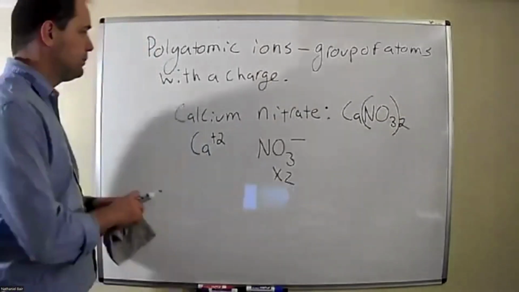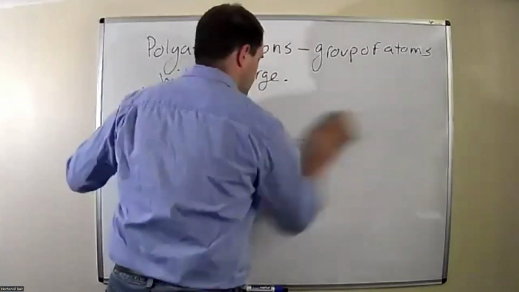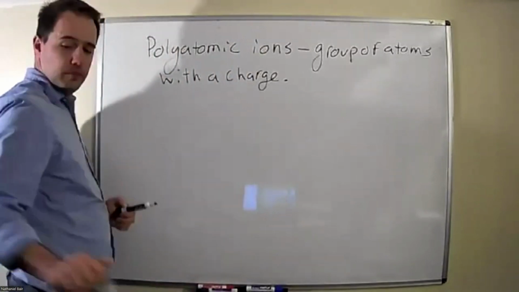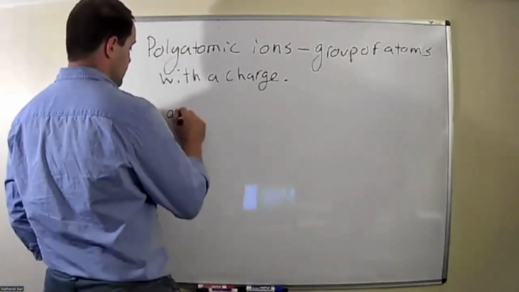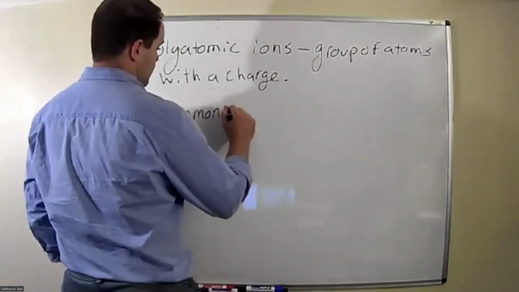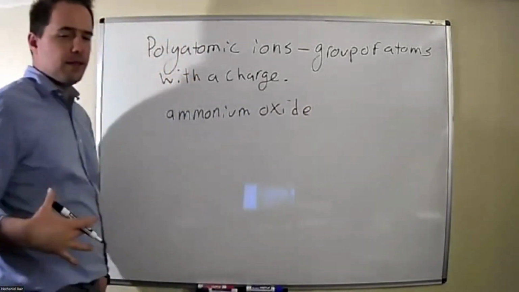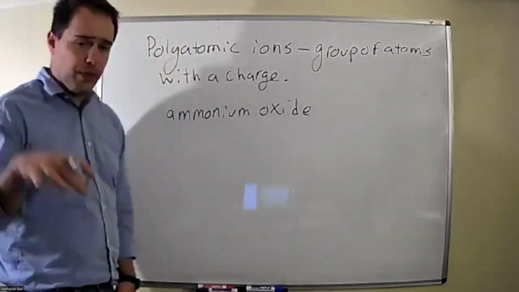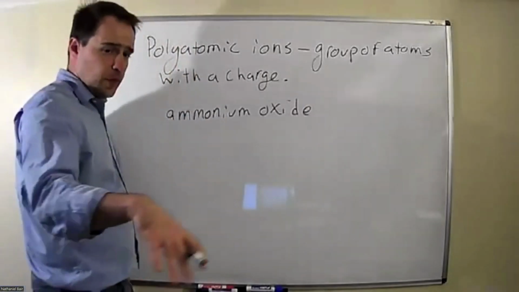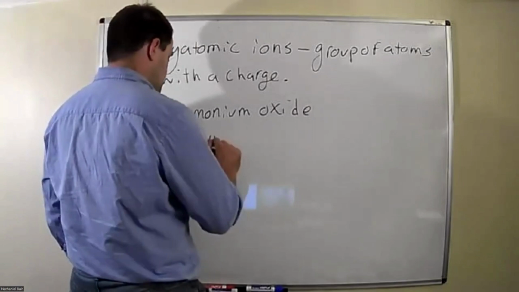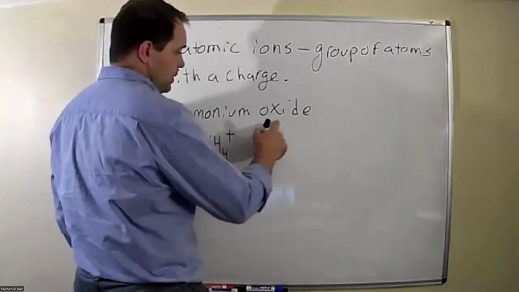Give you another one. Try ammonium oxide. Ammonium, take a look at your sheet. You won't need to memorize this. Ammonium is NH4 with a +1 charge.